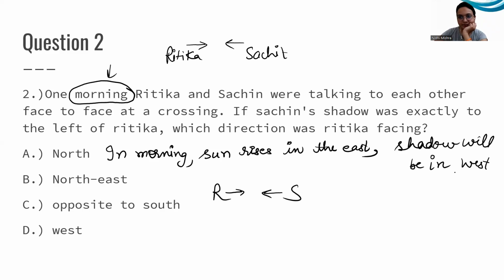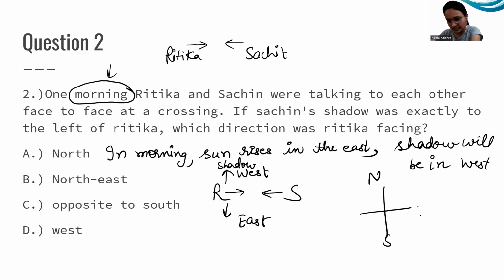Now, if Sachin's shadow was exactly to the left of Ritika, think like this. Ritika is here, like this. So this is Ritika's right and this is Ritika's left. So here is the shadow. And in the morning, sun rises in the east and shadow in the west. So this is west. If this is west, opposite to west is east. Now think like this.